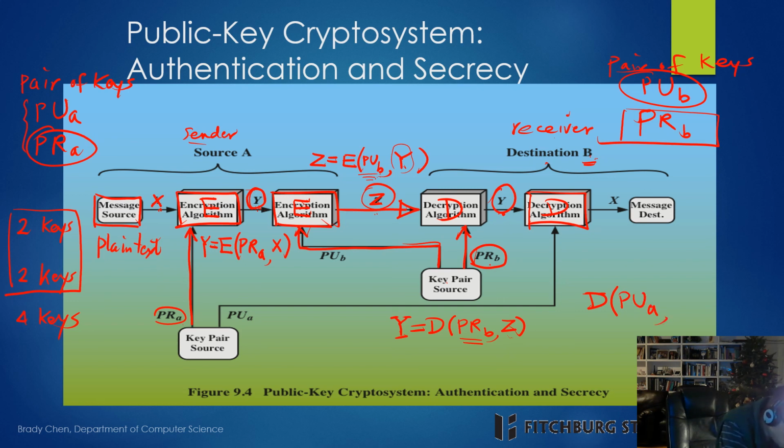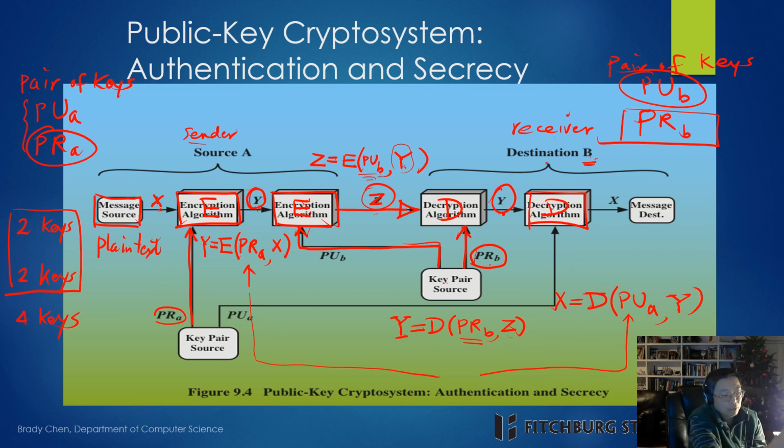Because it was encrypted using the private key of the sender. So to decrypt Y, you just need the public key of the sender, and hopefully this will restore back to X. So you see the point here?